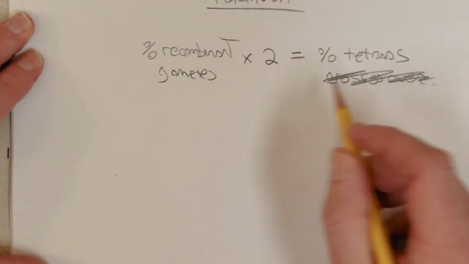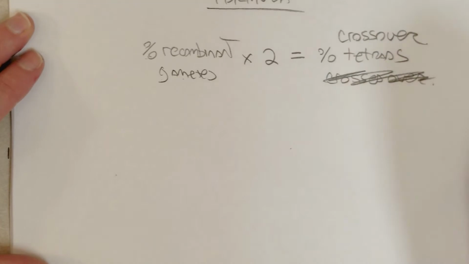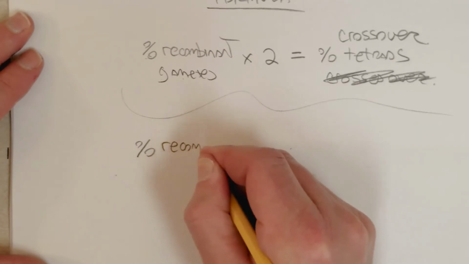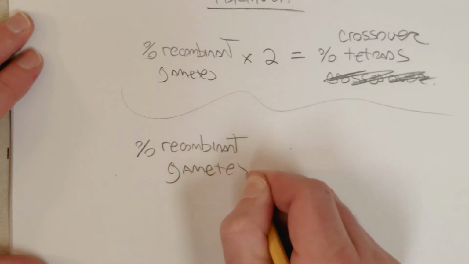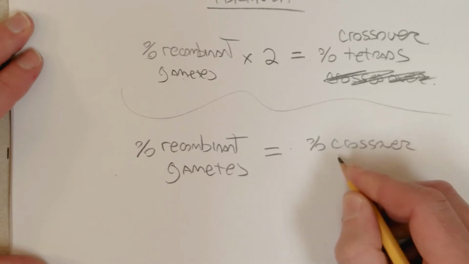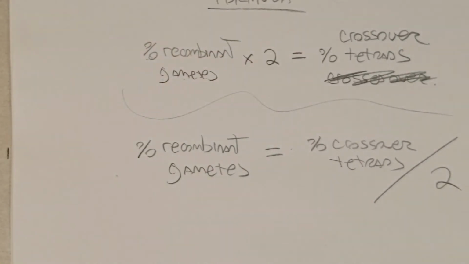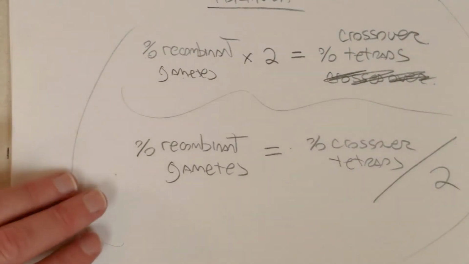So percent recombinant gametes times 2 equals the percent of crossover tetrads. And we can have another formula based on that one: the percent recombinant gametes is equal to the percentage of crossover tetrads divided by 2. So if you know the percent of crossover tetrads, you divide that by 2, you can figure out the percent of recombinant gametes. These formulas are useful, but let's see where they come from.